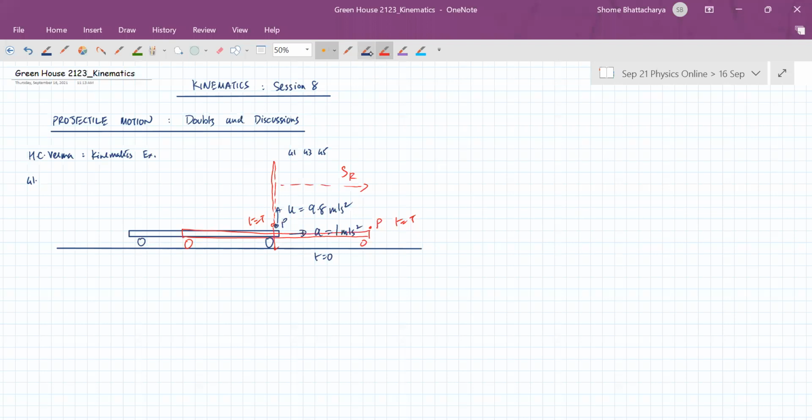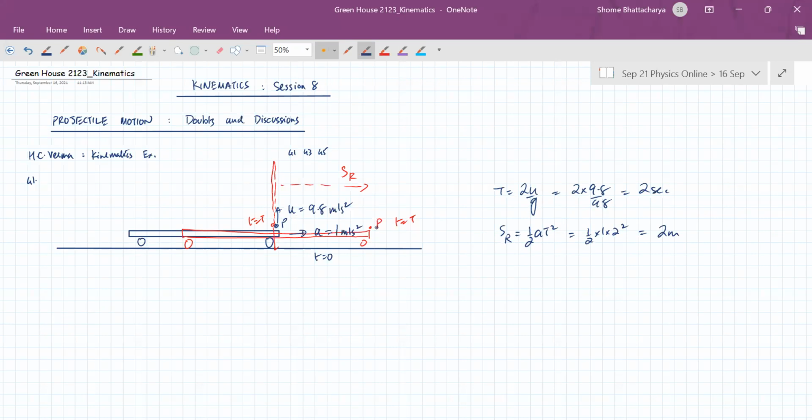Okay, so you can see that the time of flight for the vertical projectile is 2u by g. We'll take g as 9.8 here, so 2 seconds. So the horizontal displacement of the railroad car during that time is 2 meters.